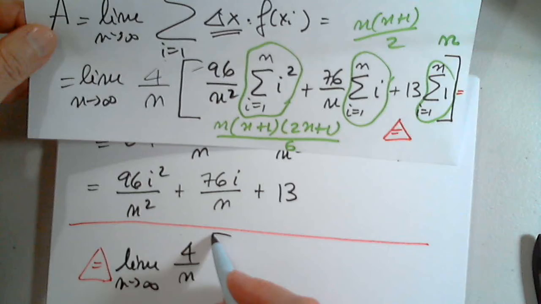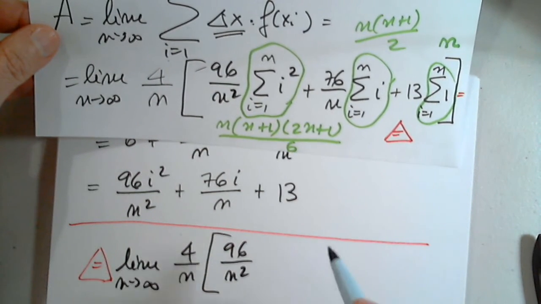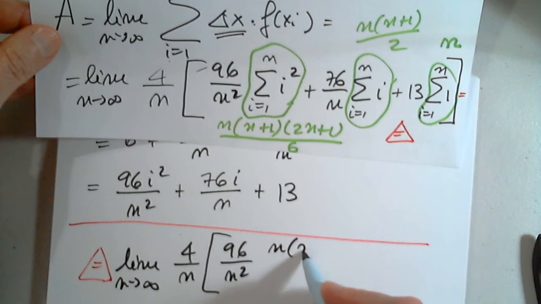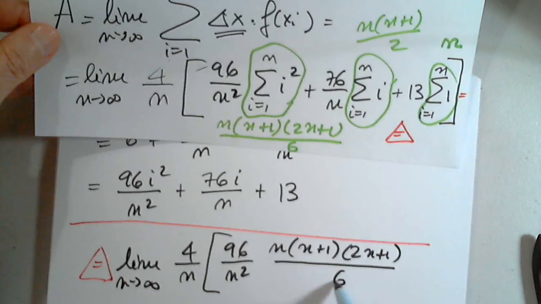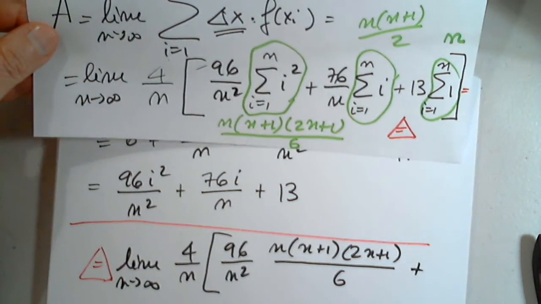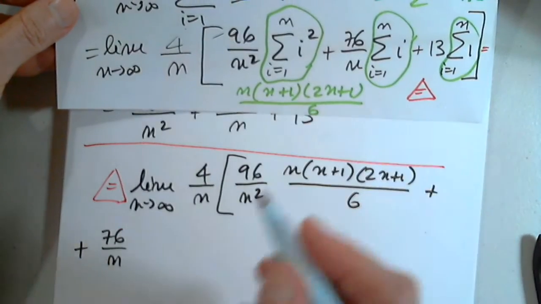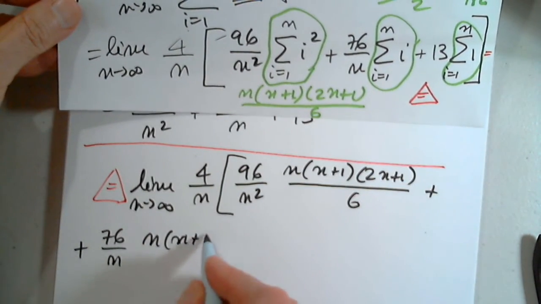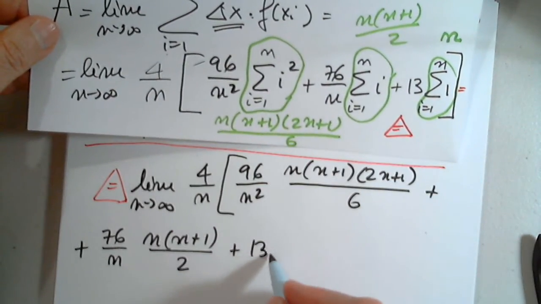It's too confusing, and I will never do it. And I don't do it for myself, especially when I present. So n plus 1, 2n plus 1 divided by 6 plus 76 over n. And I replace n plus 1 divided by 2, and plus, this is clear, 13n.